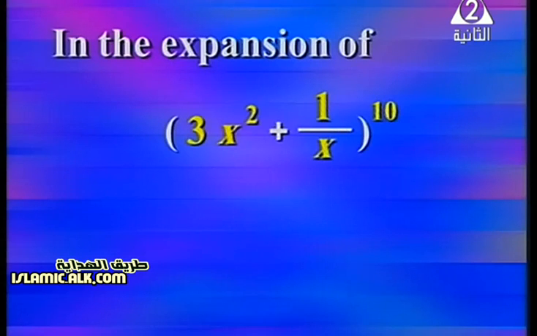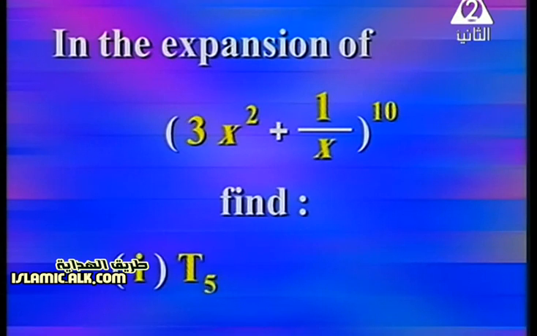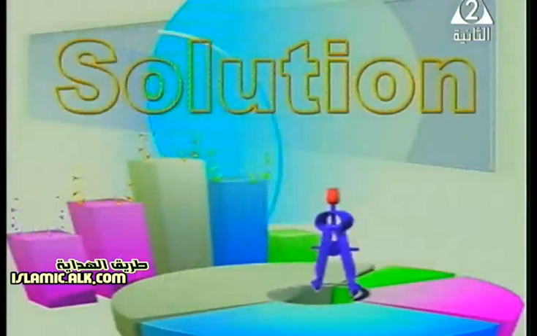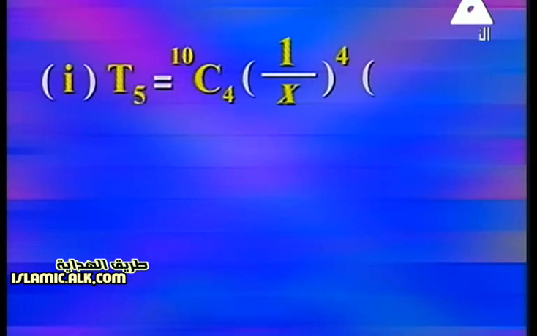Then, in the expansion of (3x squared plus 1 over x) to the power 10, find T5 and T9. Solution. T5 means 10C4, second term to the power 4, first term to the power of the difference, 10 minus 4.